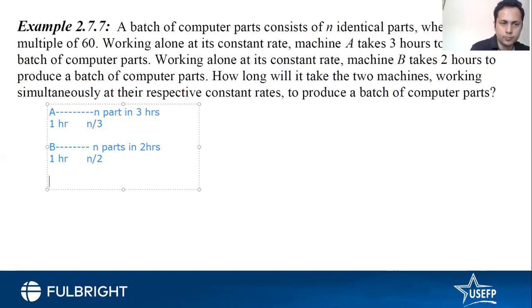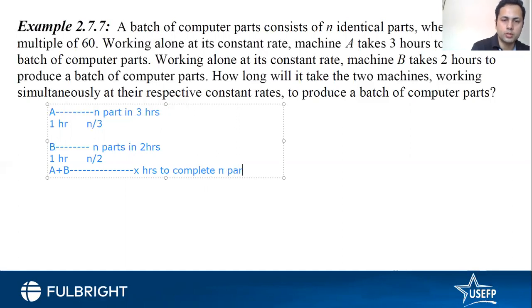Now let's say both machines working together would take x hours to complete n parts, which means that working together in 1 hour they would finish n over x parts.